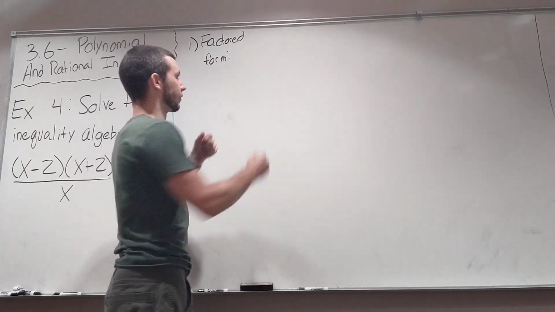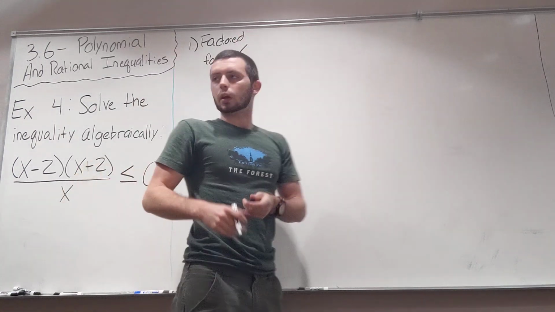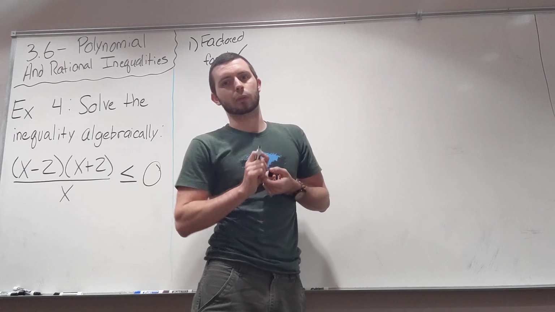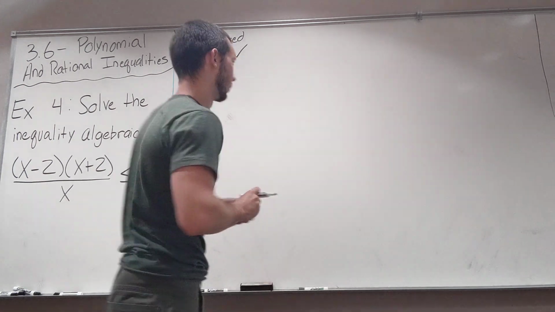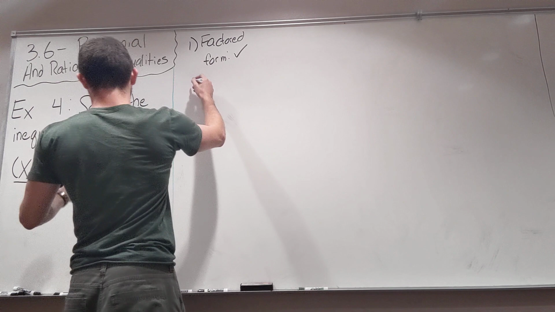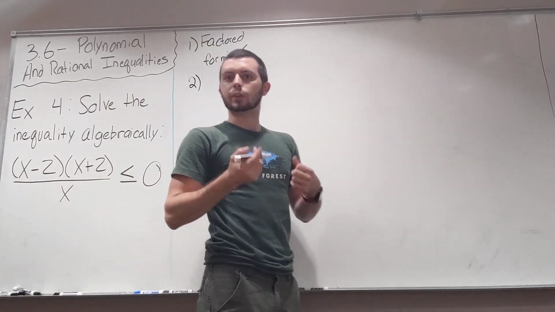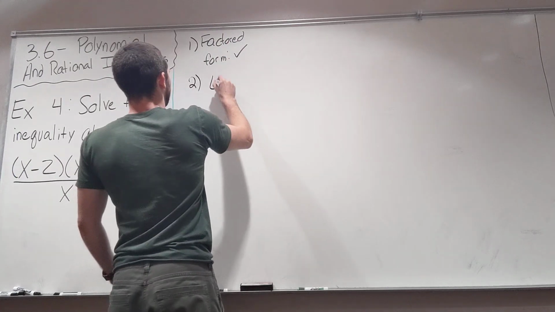I think the majority of the rational function ones, there's only one where you have to factor it accordingly. But we're already in factored form, that's good. So now we can list the zeros and the domain restrictions.